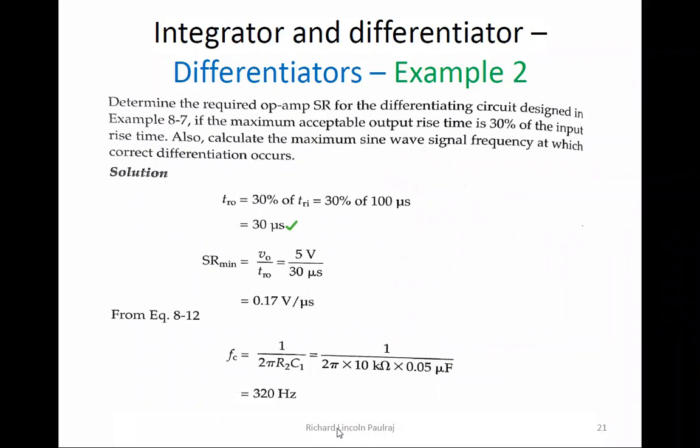Two pi into 10K into 0.05 micro. What's the value that we are getting?